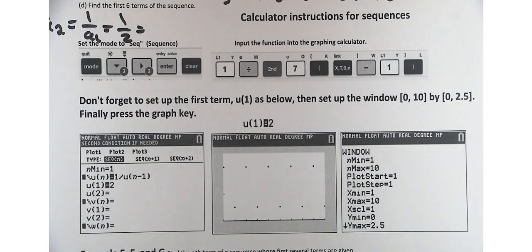I set it to sequence, and when I do y equals, it just gives me that.